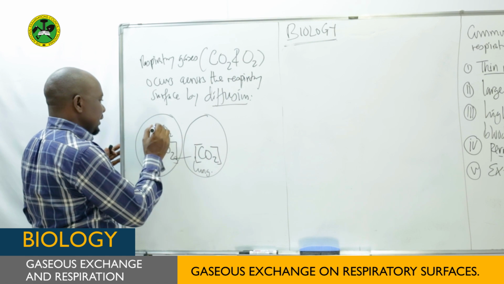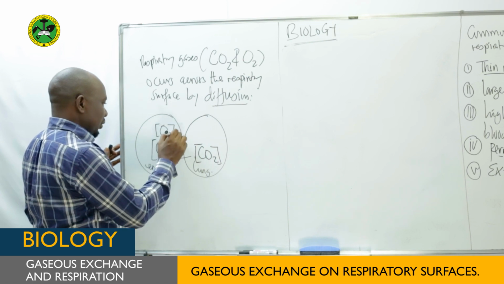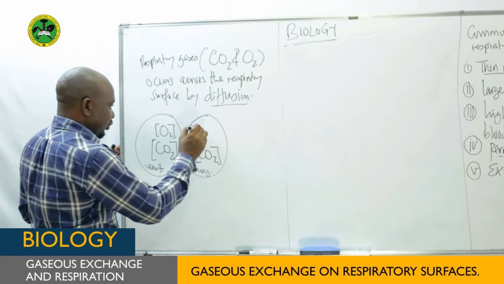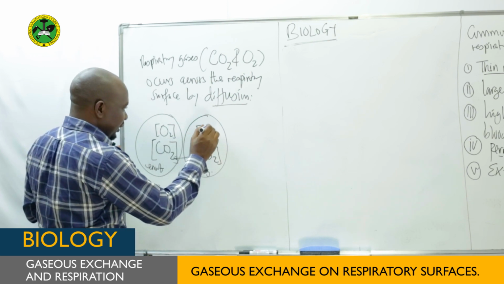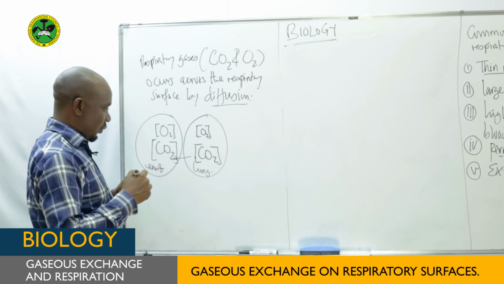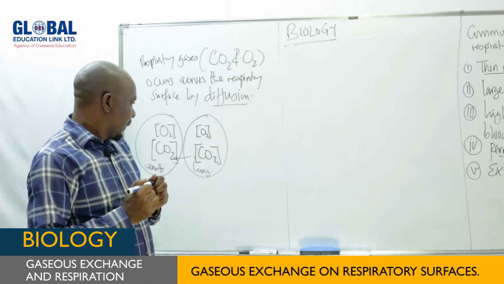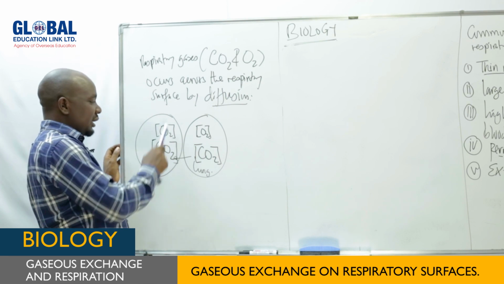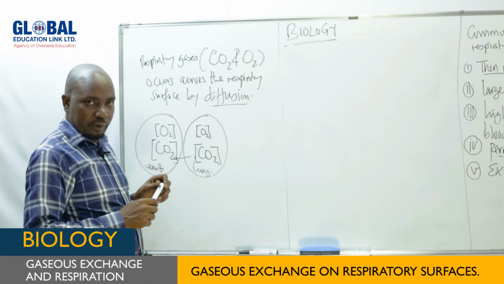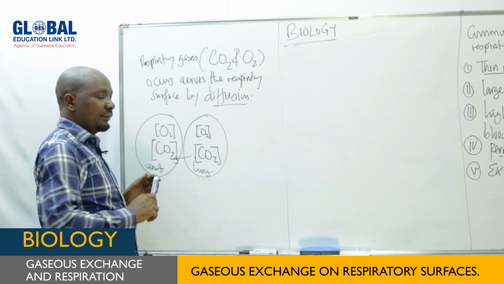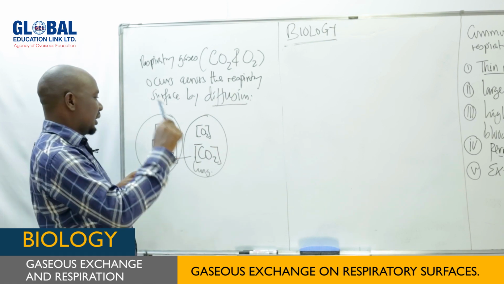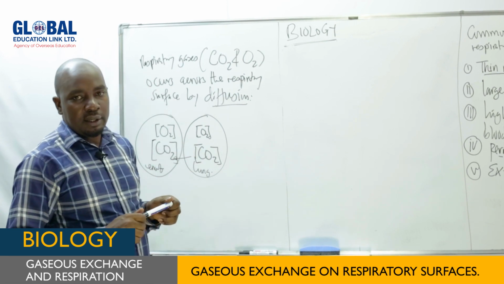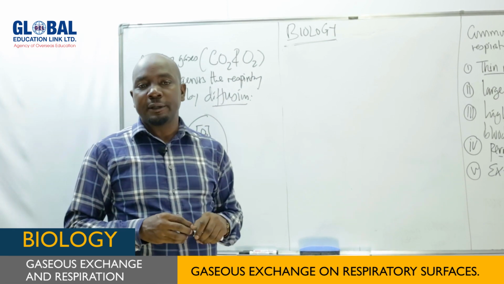but another respiratory gas, this is the carbon dioxide, this is oxygen. The concentration of oxygen between these two environments: the concentration of oxygen in the atmosphere or in the alveolar sac is higher than the concentration of oxygen in the pulmonary capillary.